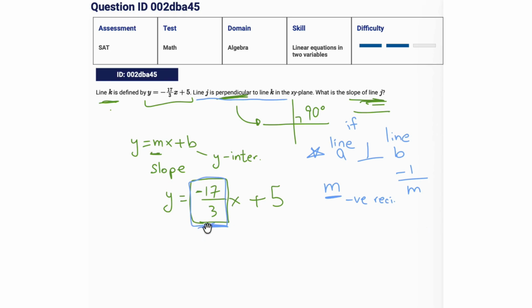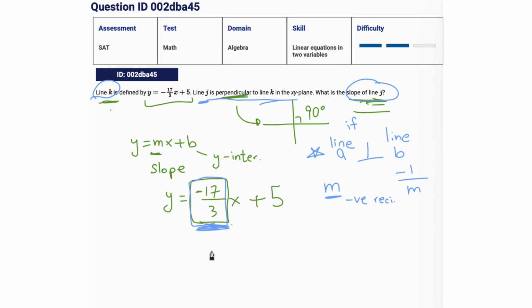All right, so now let's come back to our question. Here we have the slope as negative 17 over 3, correct? Since line J is perpendicular to line K, the slope of line J should be the negative reciprocal of the slope of line K. So now let's find that out.